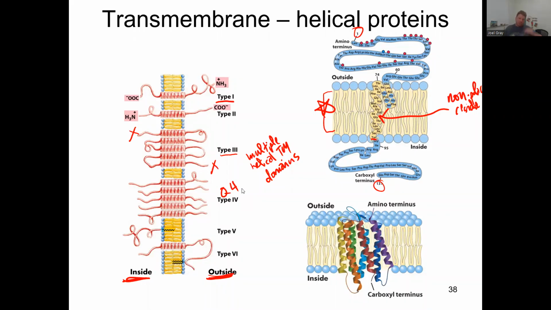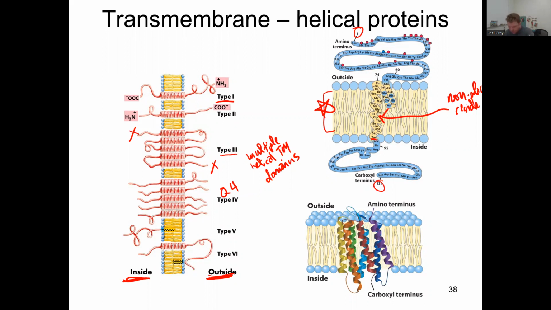So this type 4 has multiple polypeptides. Each one of those polypeptides is a transmembrane domain. They come together to form something similar to a type 3. The difference is whether it is one or multiple polypeptides.